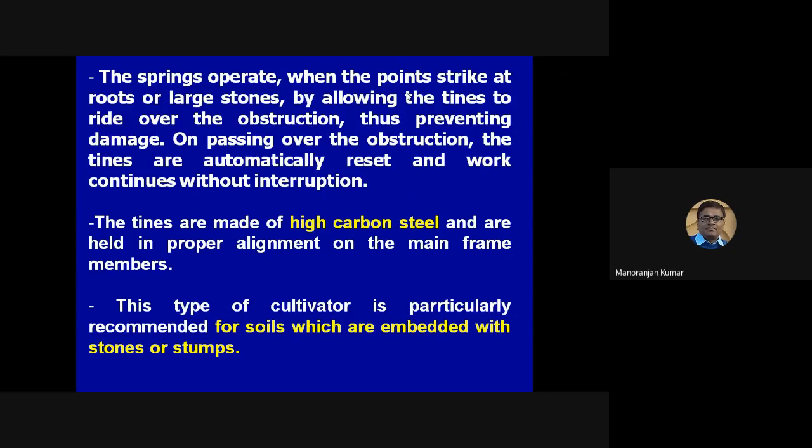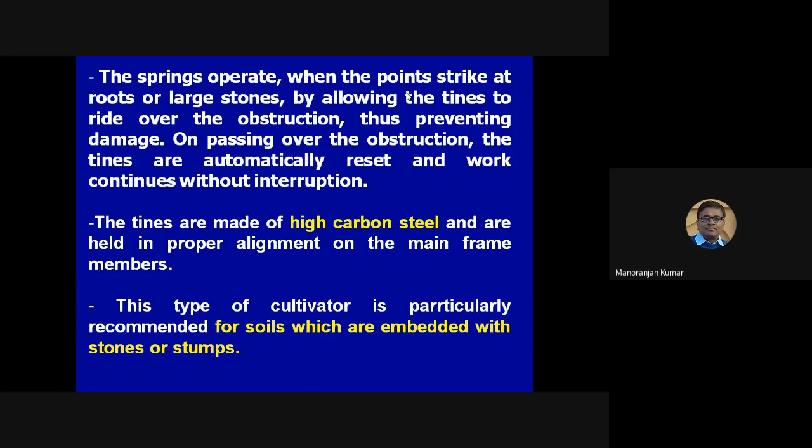The spring operates when the point strikes roots or large stones by allowing the tines to ride over the obstruction, thus preventing damage. On passing over the obstruction, the tines are automatically reset and work continues without interruption.